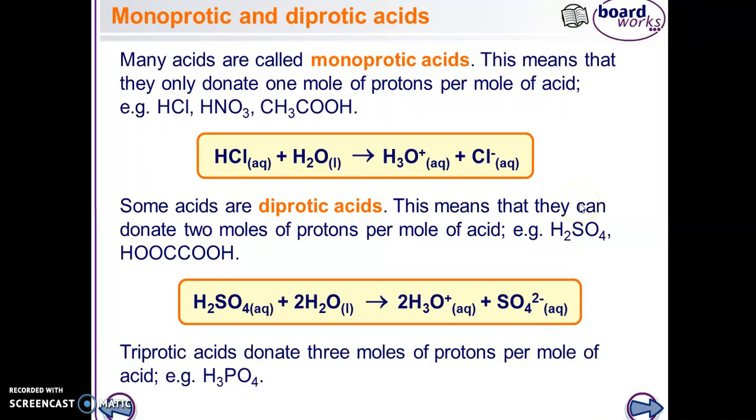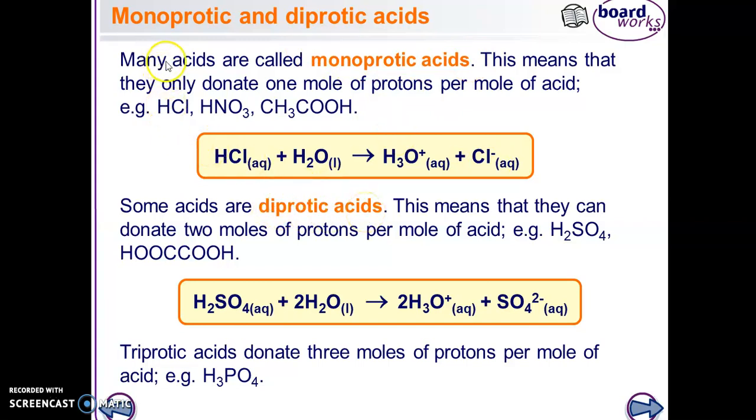Then when we talk about acids, meaning the substances which are going to produce H plus ions on dissolving in water, these can be classified in terms of the number of protons produced by one molecule of the substance, and on that basis we can classify acids as monoprotic acid and diprotic acid.